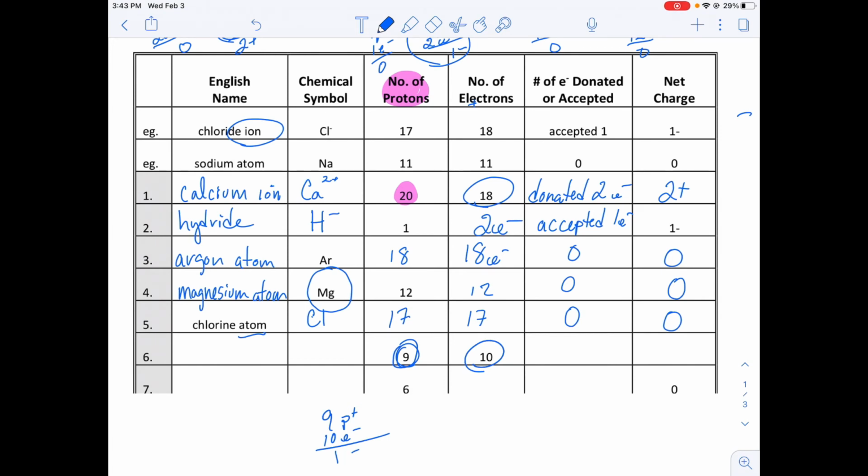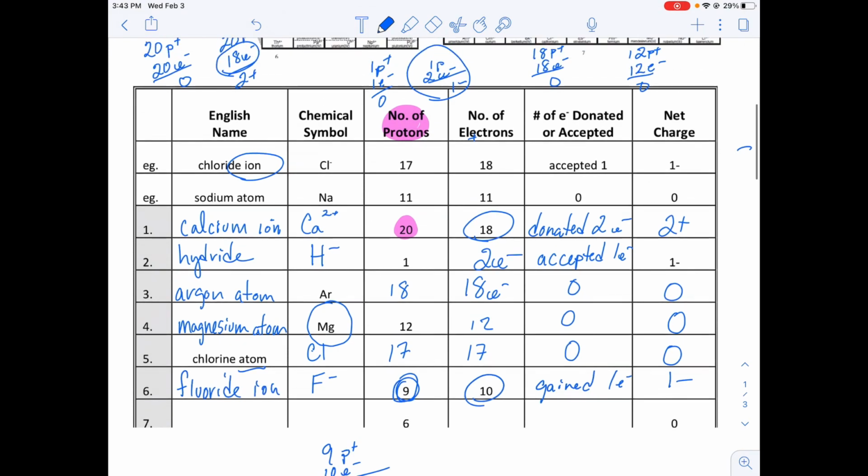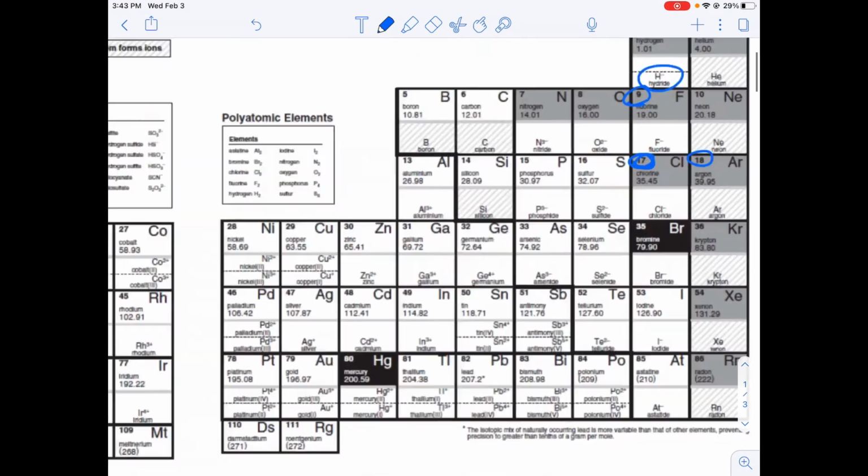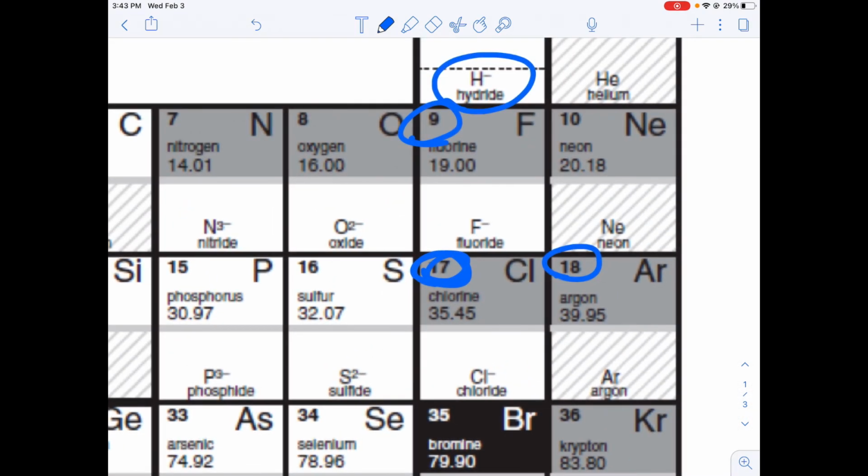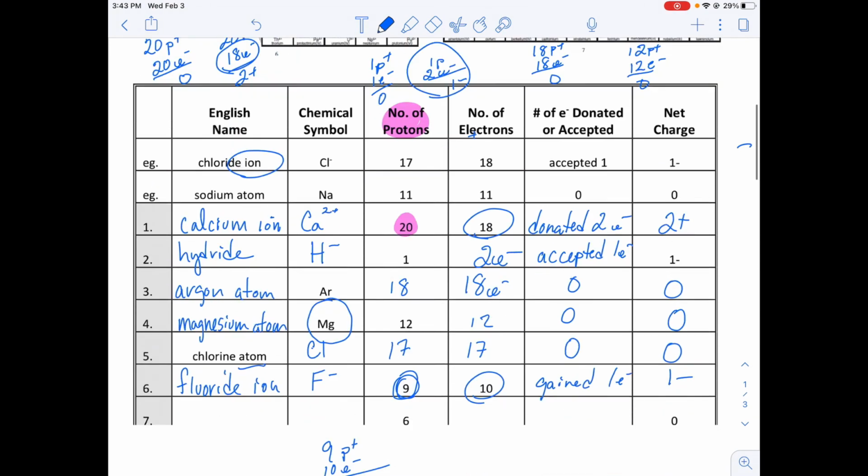So this is going to be 1 negative charge. It gained 1 because it's going to be a negative charge. This is F negative, and this is called a fluoride ion. And if you weren't sure about the name of it, let's go back here and see that when fluoride has a 1 negative, that's listed in your periodic table.